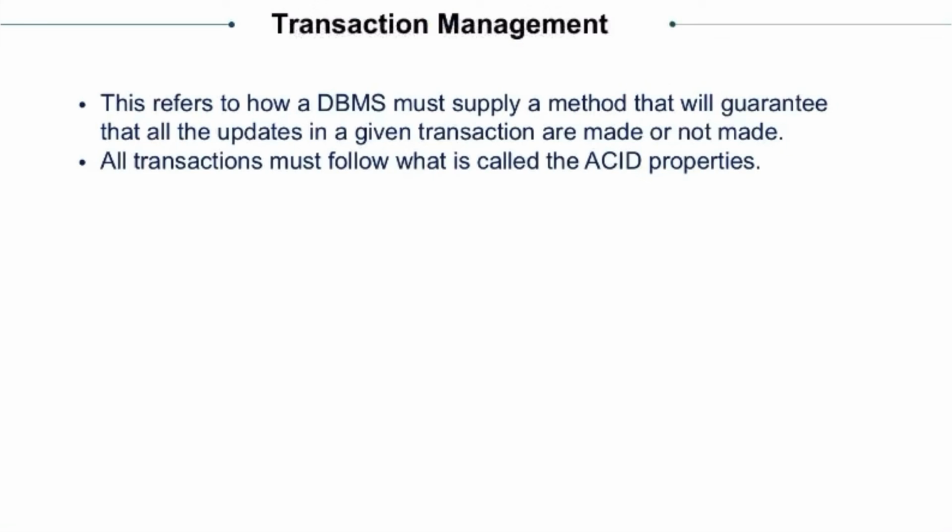Transaction management. Transactions are a set of operation used to perform a logical set of work. And transaction usually means that the data in the database has changed. One of the major uses of DBMS is to protect the user's data from system failure.